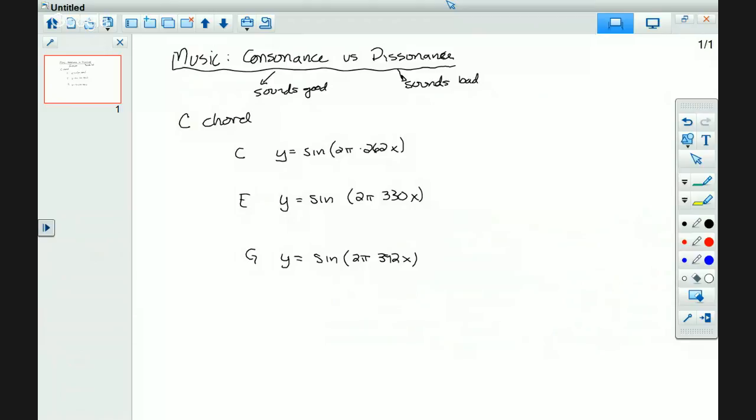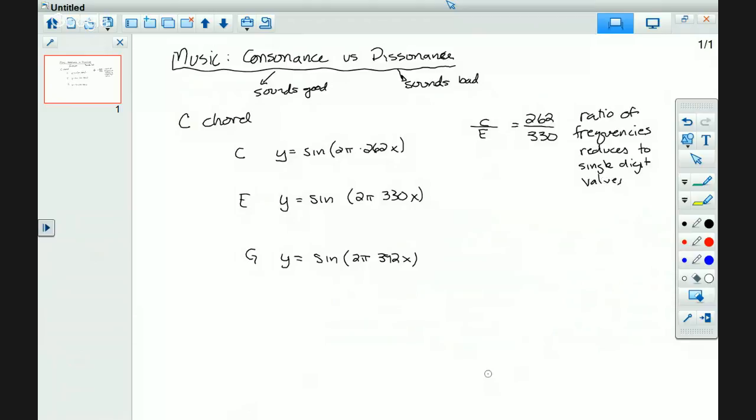If I'm going to show that the C and the E notes are consonant, I'm going to show the ratio of the frequencies reduces to single-digit values.